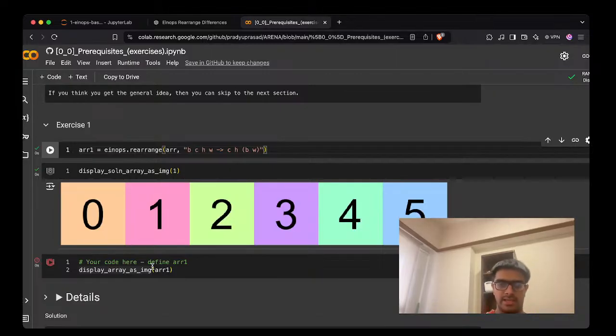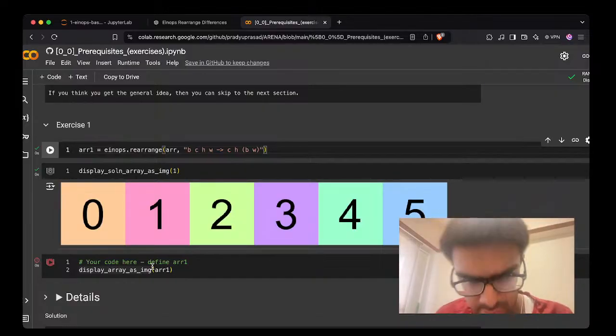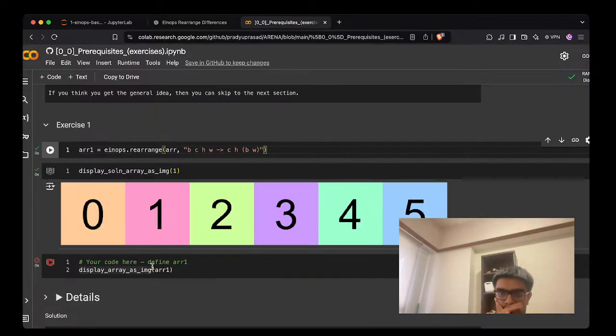Okay, and then channel stays the same, right? My height should also stay the same. No. What I want to do is see that, hey, we have W2 times H and B times W1. I have something like it.